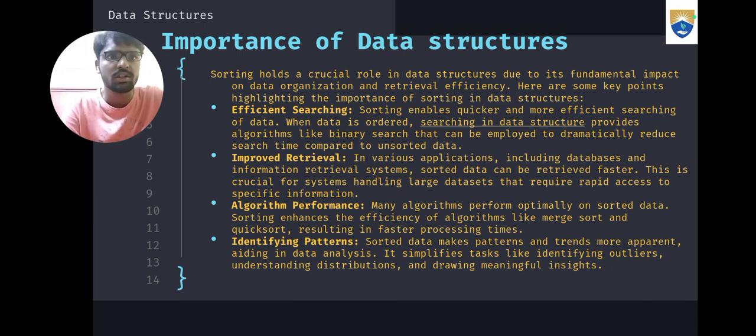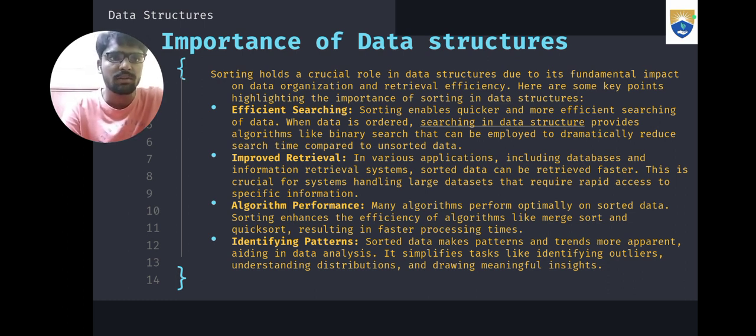Efficient searching: sorting enables quicker and more efficient searching of data. When data is ordered, algorithms like binary search can be employed to dramatically reduce search time compared to unsorted data.